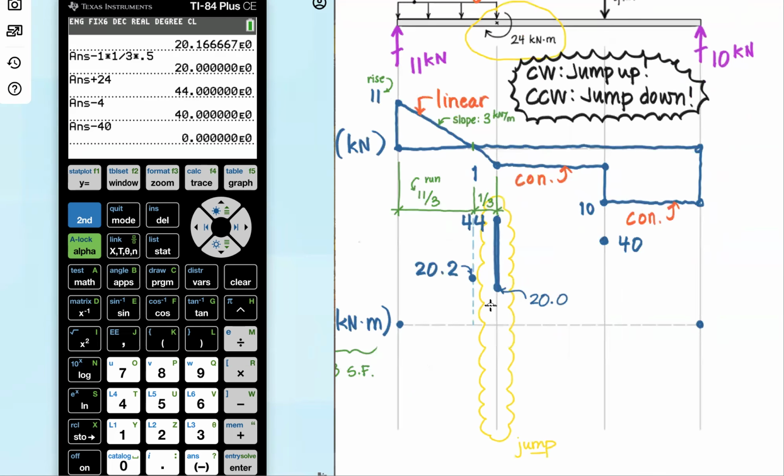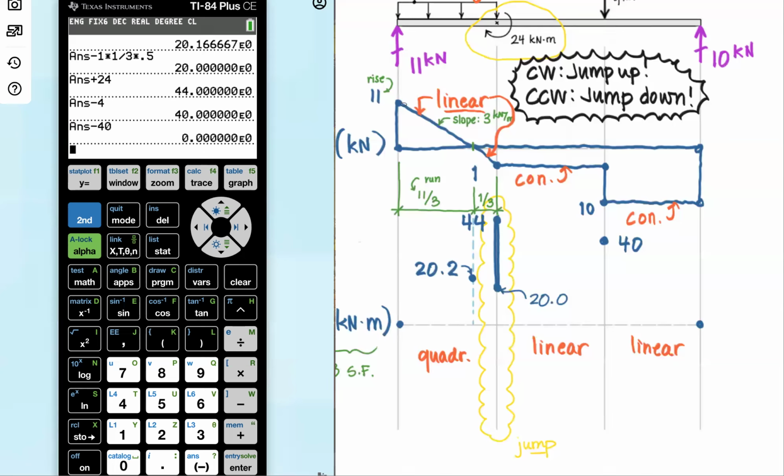So now it's time to fill in the functions, flesh those out. So we have linear shear, and that means we're going to need a quadratic moment. And then a constant shear integrates to linear. Okay.